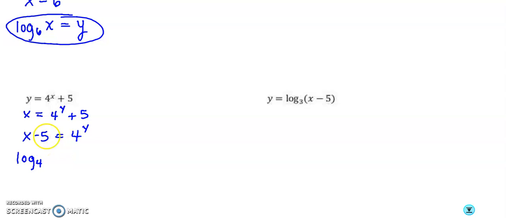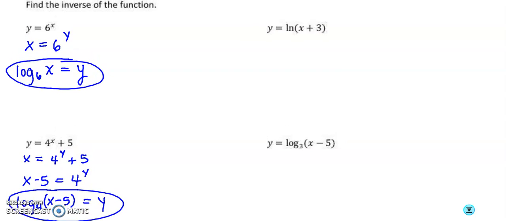When there's more than just x, and in this case x minus 5, you have to put parentheses around the entire inside piece meant to go inside of the log. In this case, here's your answer. When in doubt, just always put parentheses. We can go back up to the previous example's answer and put parentheses there if we want to. It's not wrong. In that case, it's just not necessary. So when in doubt, go for it.